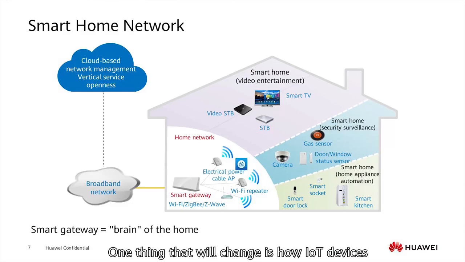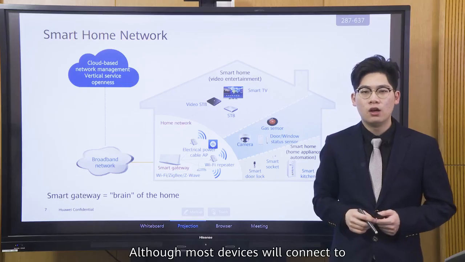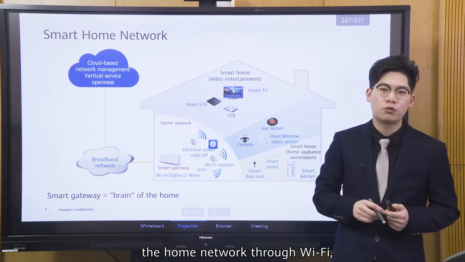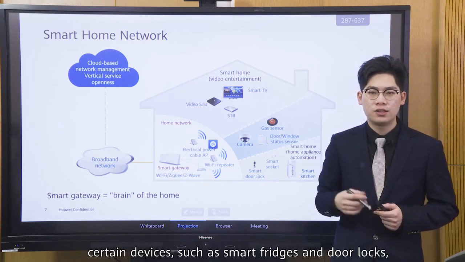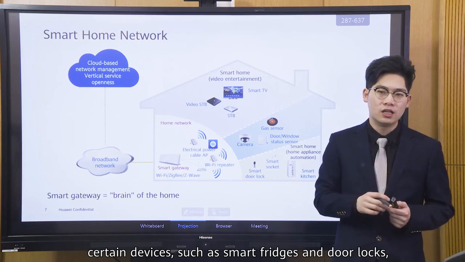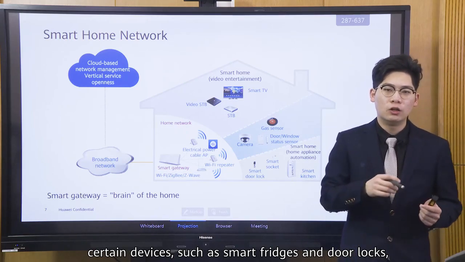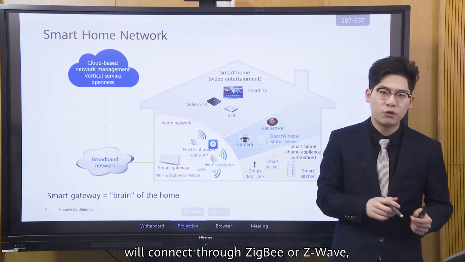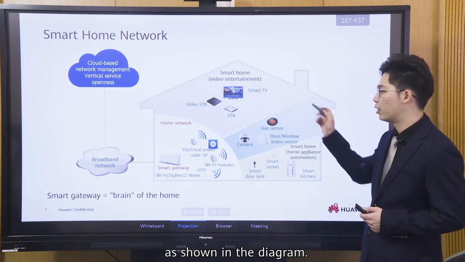One thing that will change is how IoT devices within the home connect to the internet. Although most devices will connect to the home network through Wi-Fi, certain devices such as smart fridges and door locks will connect through Zigbee or Z-Wave, as shown in the diagram.